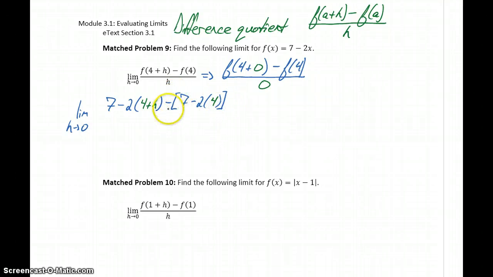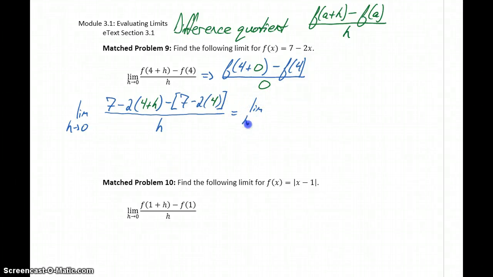And I'm just putting that second expression in parentheses so that I know that negative sign is going to have to get distributed through there, or I'm going to have to first simplify what's in here and then subtract that. So just to make sure I don't lose track of my signs there, all over h. So we're not doing anything with the denominator. All we're doing is actually replacing this function notation with the function itself.